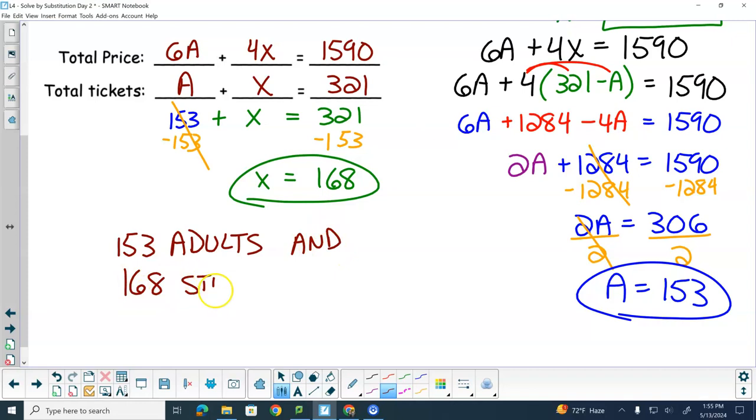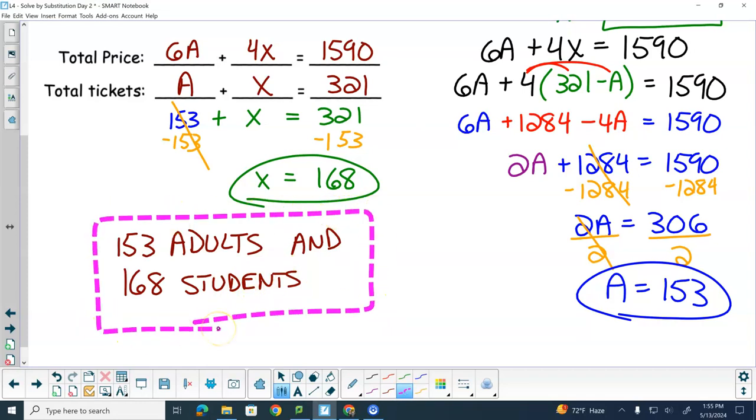168 students is the answer. Word problems are not in point form. Word problems are in I-need-to-explain-to-the-other-person-what-is-what form.